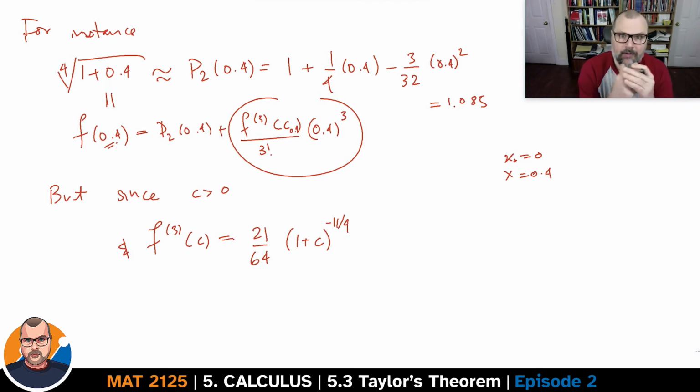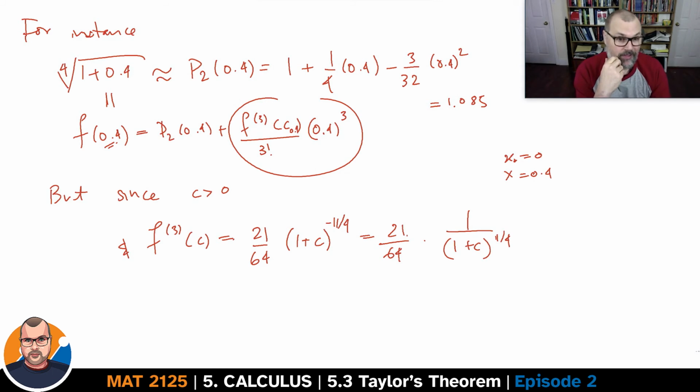Or if you want to rewrite it differently, 21 over 64 times 1 over 1 plus c to the power 11 over 4. And c is greater than 0, so the denominator is greater than 1, and dividing by something greater than 1 makes this whole factor smaller than 1. So the whole thing has got to be smaller than 21 over 64.